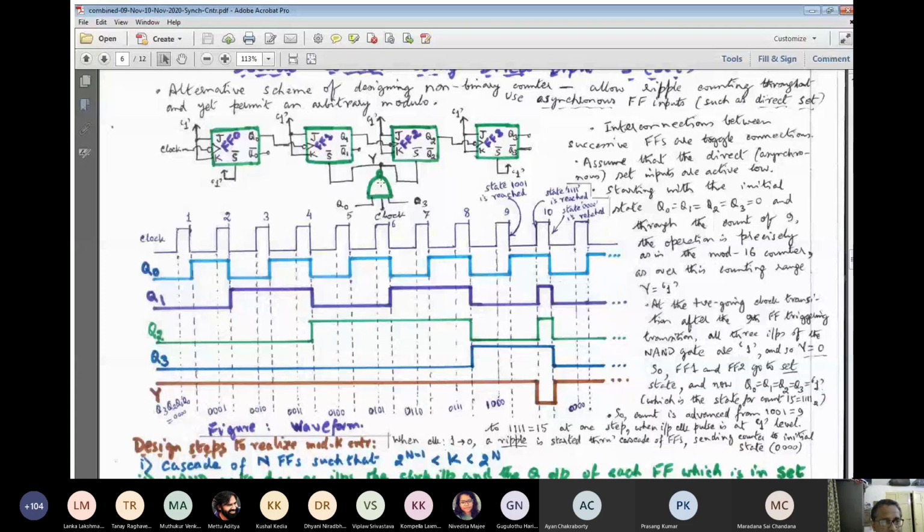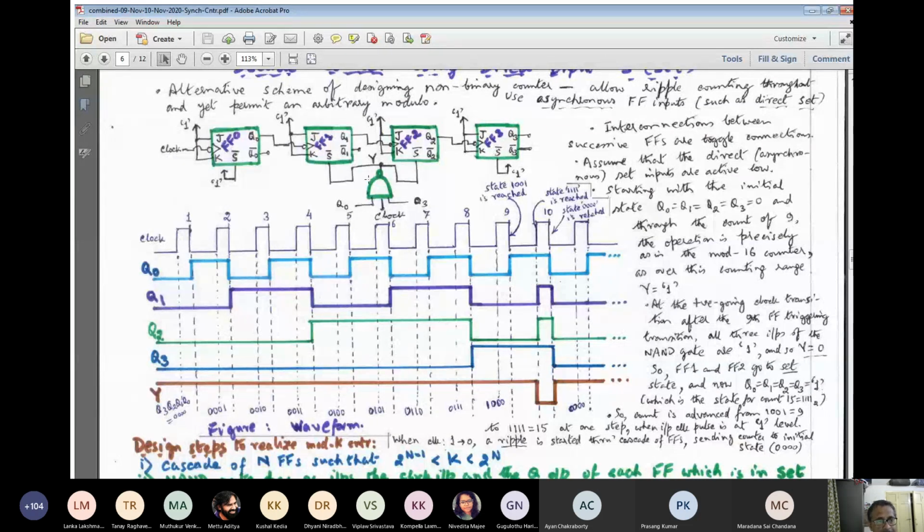Q0 is 1, Q3 is 1, and the clock is also 1. At this point, if you focus, what will be the output? Anyone? Exactly, very good. All the inputs being 1, the output will be 0.